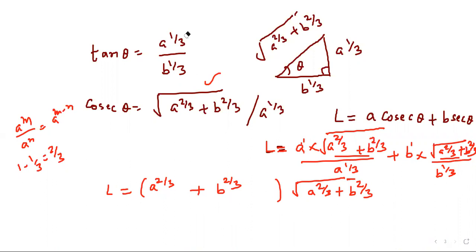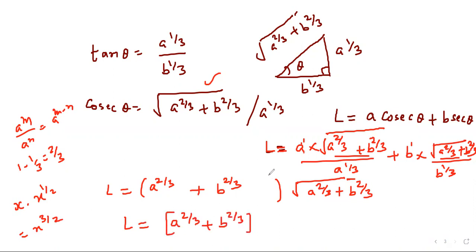So we can write them together, because we know that x power 1 into x power half gives x power 3 by 2. So here L will be a power 2 by 3 plus b power 2 by 3 whole power. Here power is 1 and here power is half. So this will become 3 by 2. So this is length of the hypotenuse.